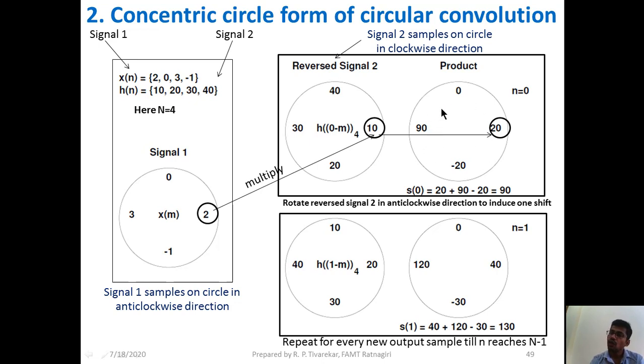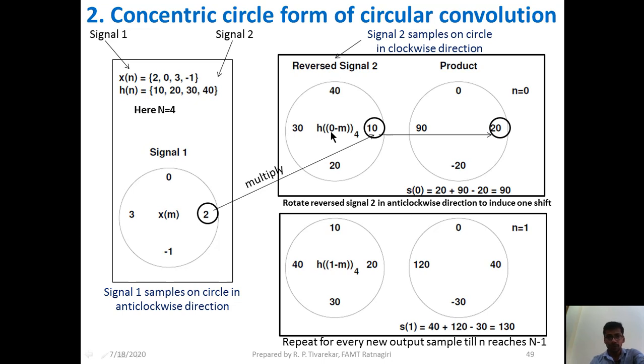If I add all such product values, I will get the first output sample at n equal to 0. Why? Because I have simply written the time reversed signal. I have not provided any shift. So it is the first output sample at n equal to 0.